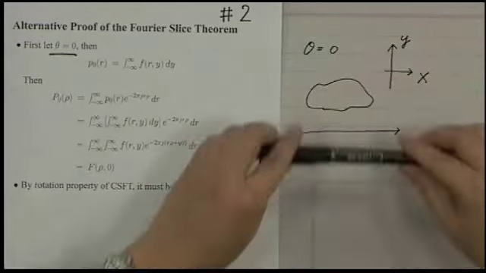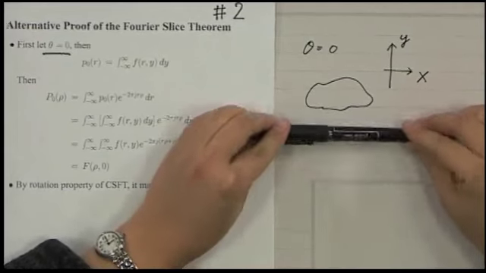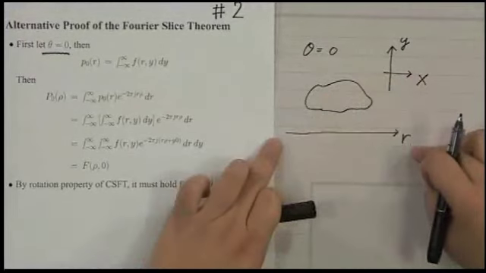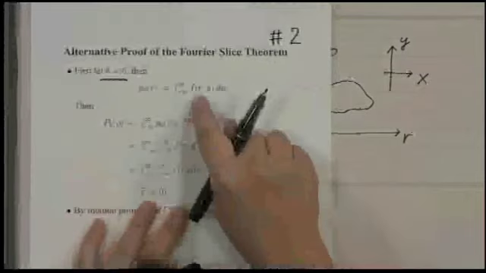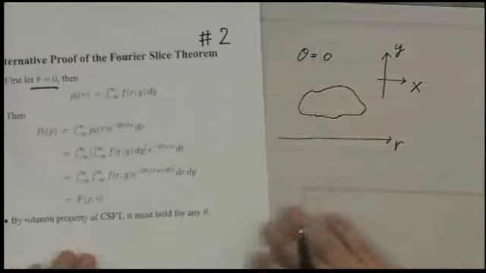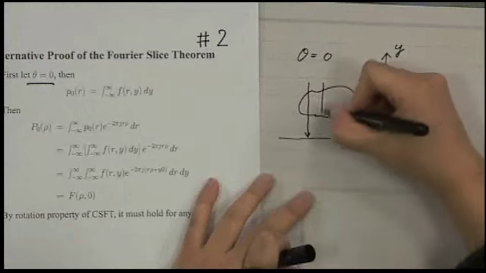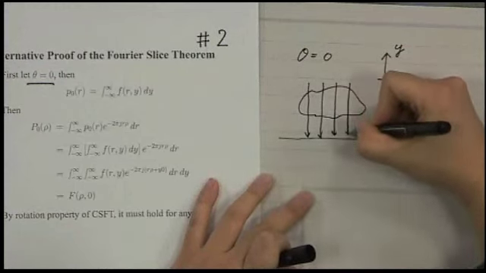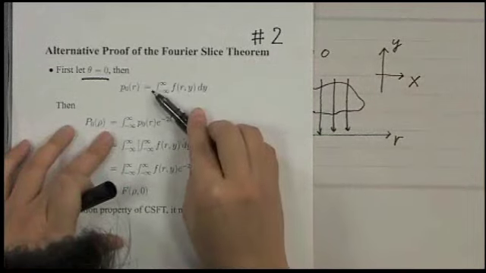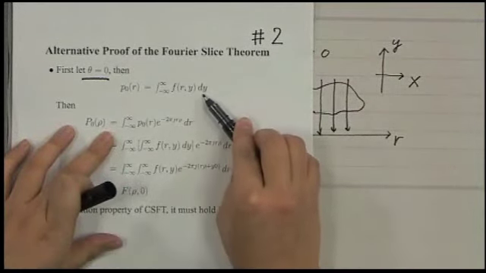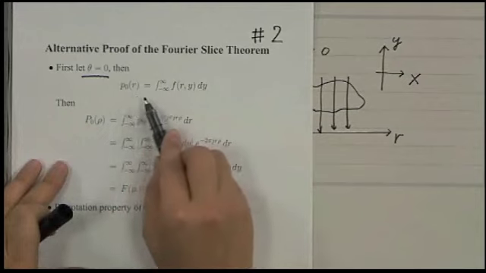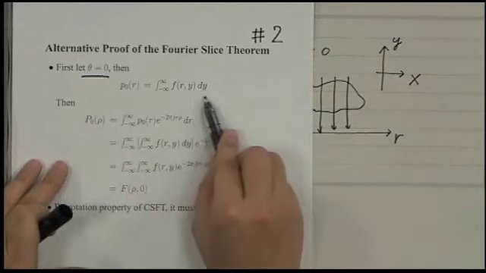But we are considering the line with angle 0. So this axis R is the same as x. So that's the reason why x is replaced with R. And then we take a projection along the y-axis, so we are taking an integral over y. So for the theta equals 0 case, the projection equation is simplified like this.